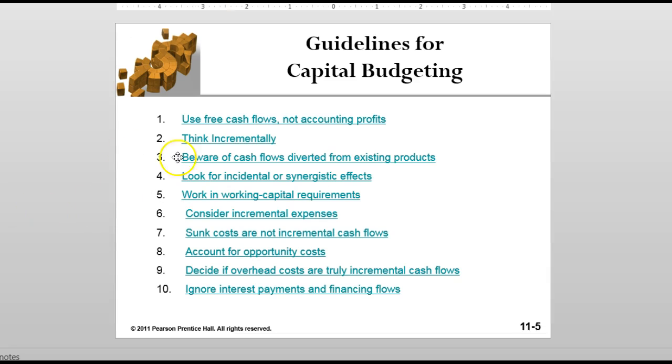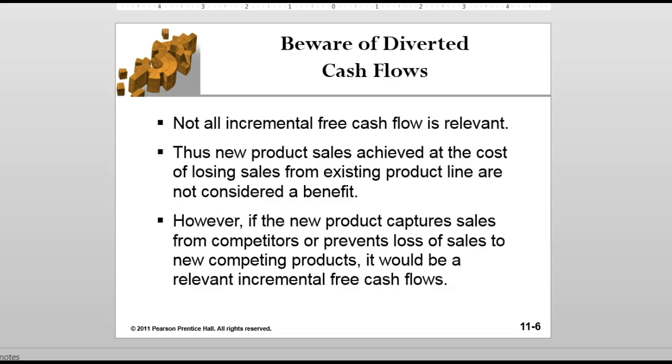So the next one is beware of cash flows diverted from existing products. Okay, so that means, number one, not all incremental free cash flows are relevant. They may be counteracted by other outlays.